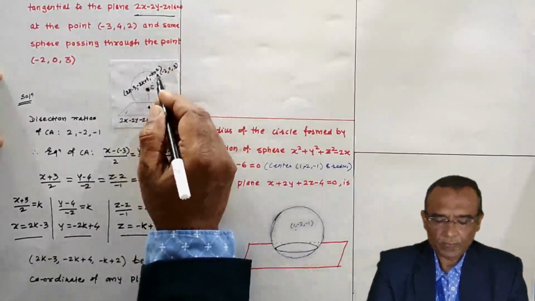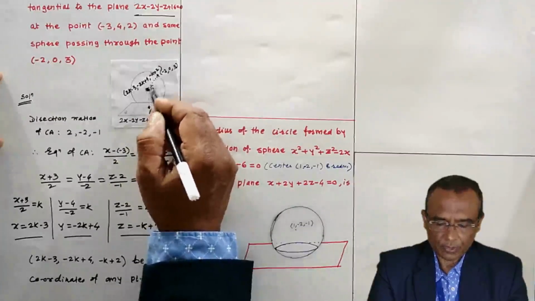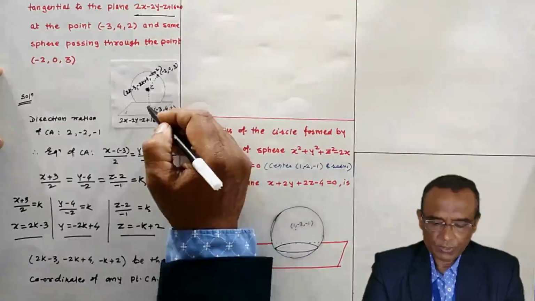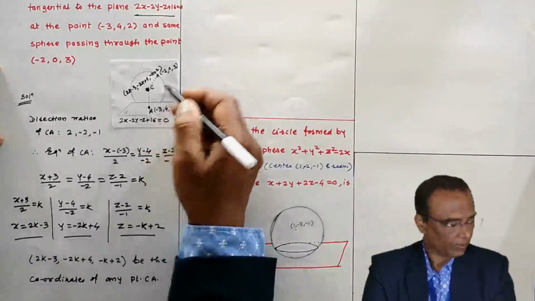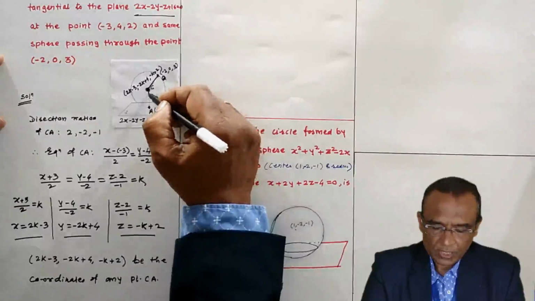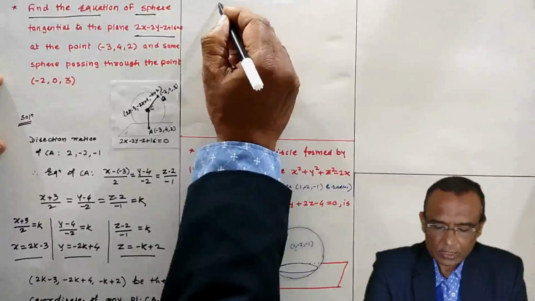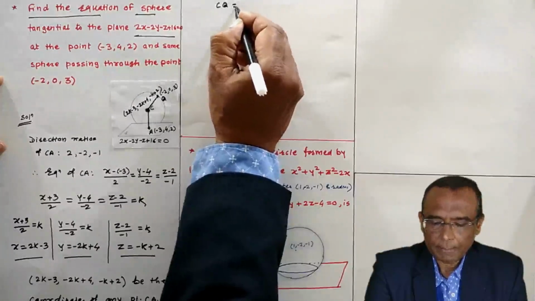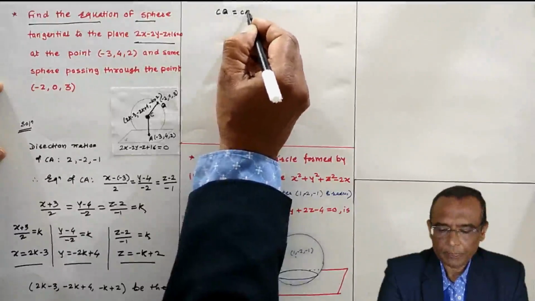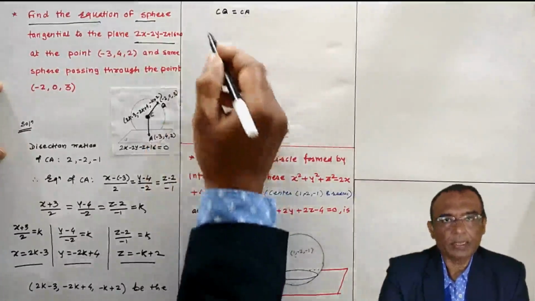You can find the distance between these two, and the perpendicular distance you can easily find. CQ is the radius of the sphere, and CA is also the radius of the sphere. Can I write CQ equals CA? Both are radii of the sphere, and they are the same.